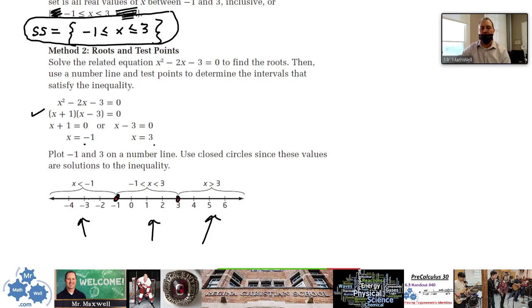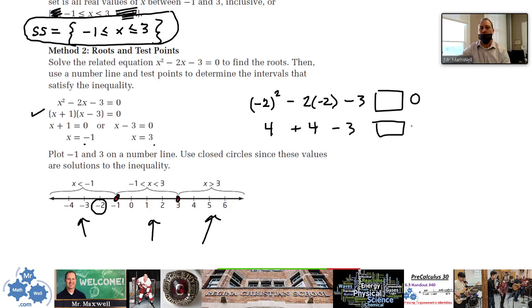So an x value of, let's say, negative 2. That's clearly in this region. And all you do is you put in negative 2 for x, and you find out what this is compared to 0. So find out if this is less than or greater than. So this is going to be 4 plus 4 minus 3 is what compared to 0? That's 8 minus 3, 5.